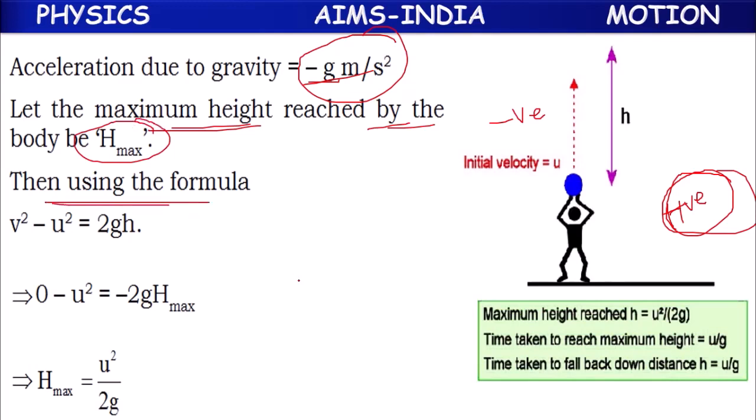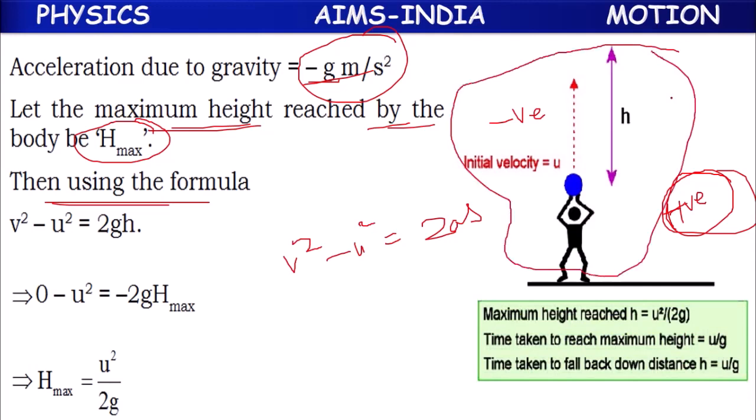Then using the formula, we have v square minus u square equal to 2as. Because this situation is happening under the influence of gravity, the acceleration due to gravity is constant in this area.